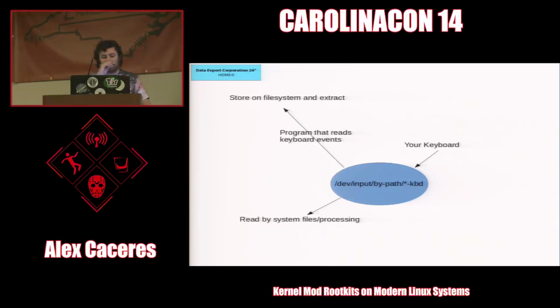All right, so that was kind of a normal view of what Linux does. In this particular case, we're going to write a program that reads those keyboard events and decodes all that funny hex that was happening. It's actually going to decode them and turn them into something useful. And it's going to store them on the file system in a hidden folder, and it will extract it off to a remote server, which doesn't need to be done.